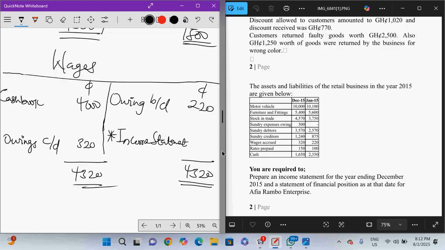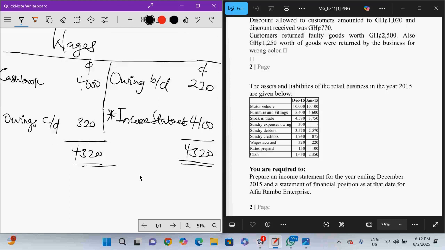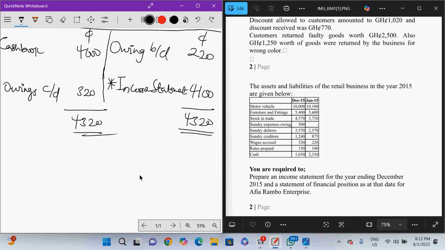An amount of how much? 4,320 minus 220, that is giving us 4,100. We have adjusted the wages. What is the next expense with prepaid or accruals? The sundry expense owing.